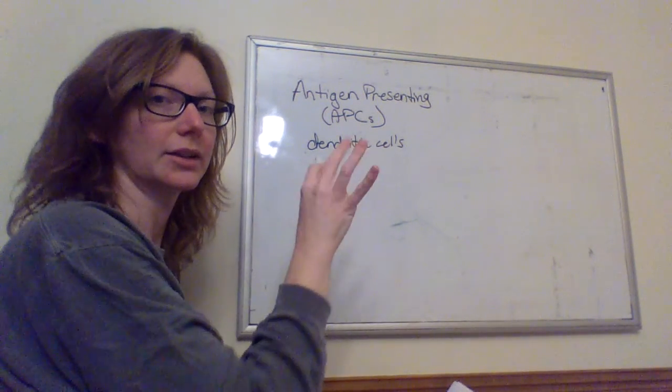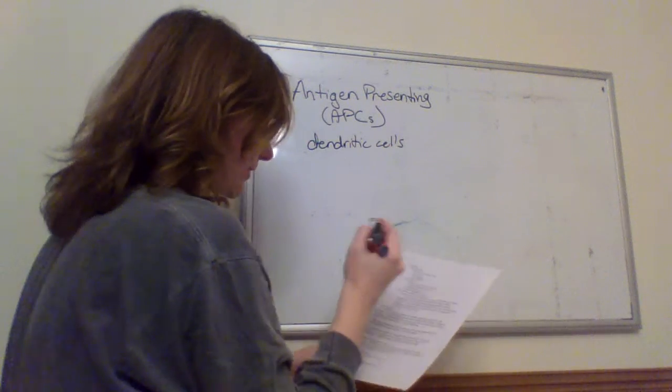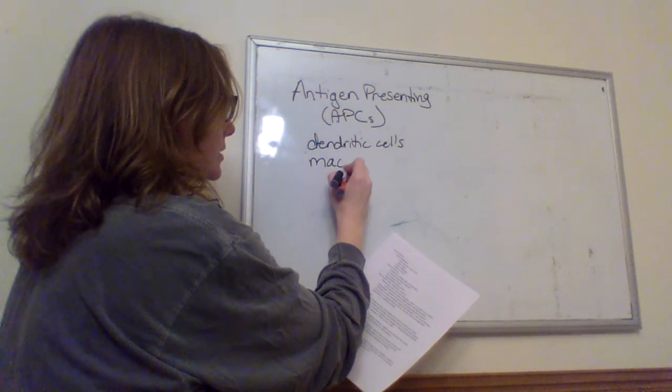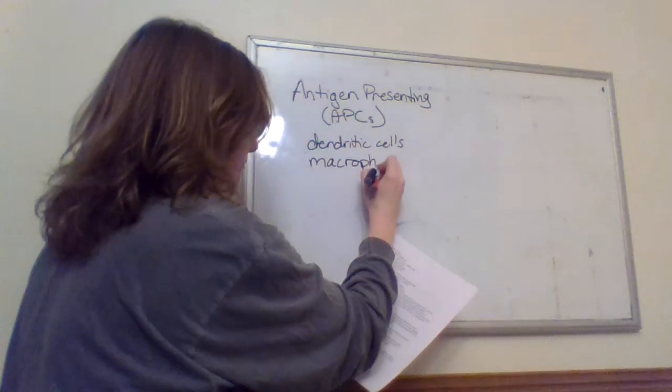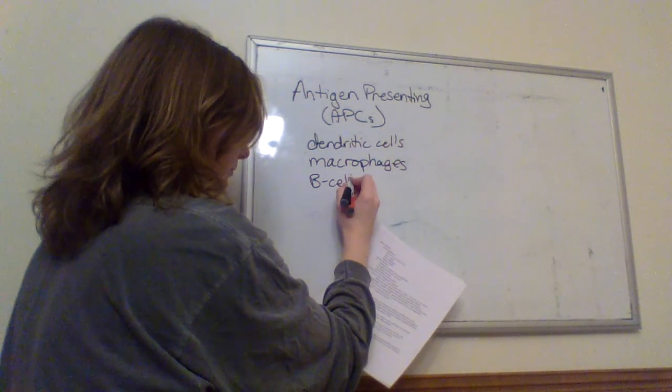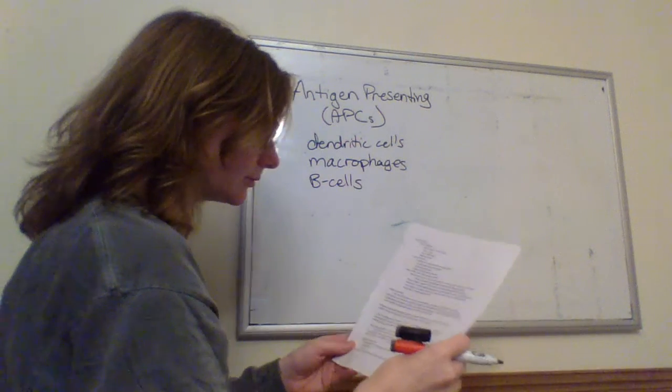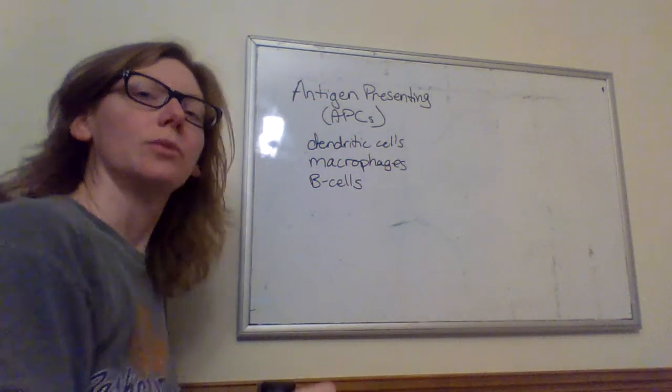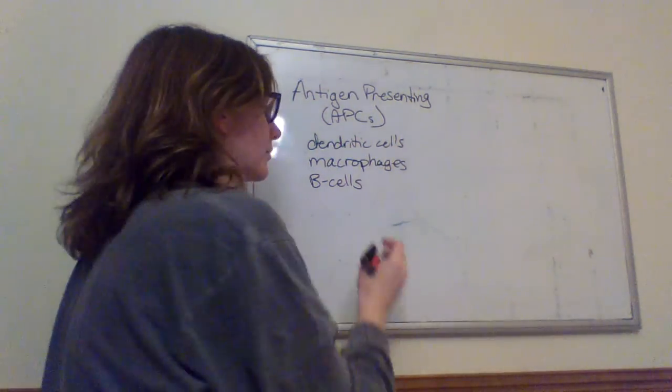They just have a lot of branches. These are going to be macrophages and B cells. So what do these APCs do?